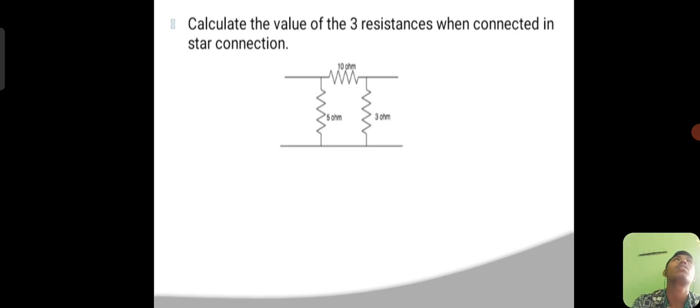Now we are going to solve a problem related to star delta network connections: calculate the values of the resistors connected in star. They have given three delta resistors of 10 ohms, 5 ohms and 3 ohms.